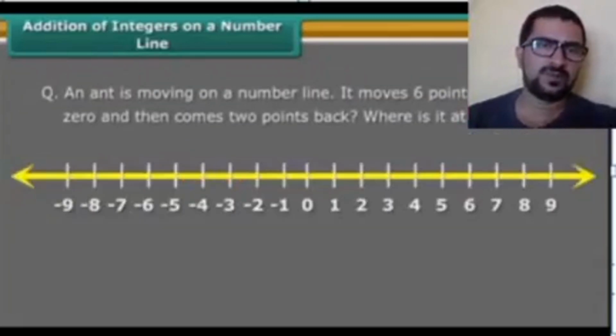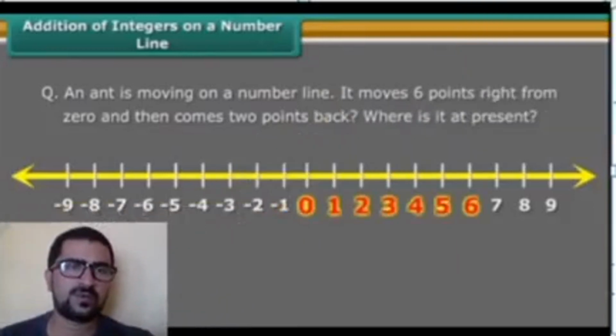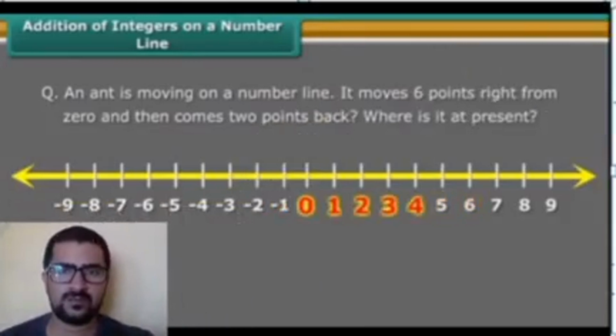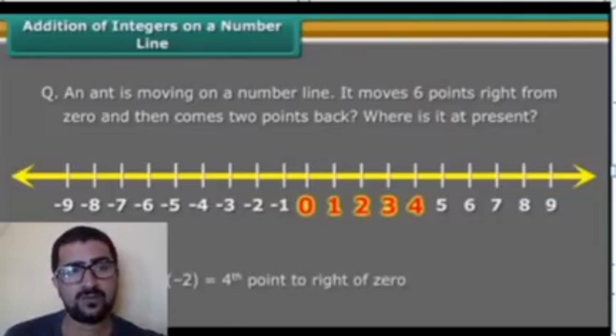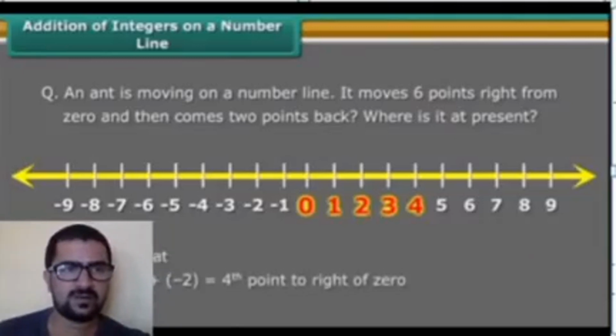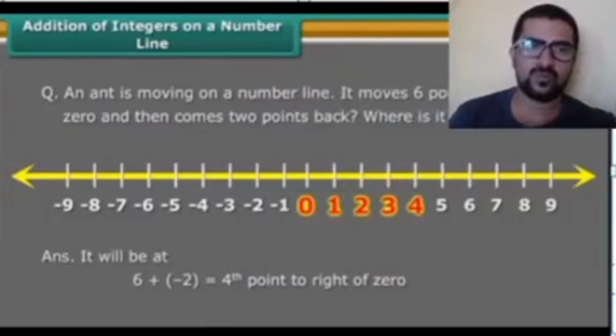An ant is moving on a number line. It moves 6 points right from 0 and then comes 2 points back. Where is it at present? It will be at 6 plus minus 2, which is equal to the 4th point to the right of 0.